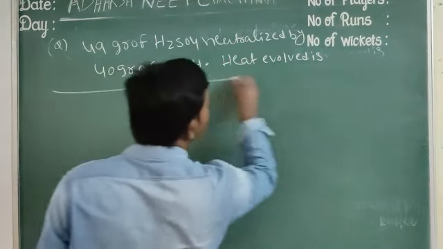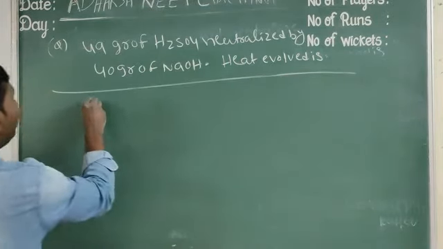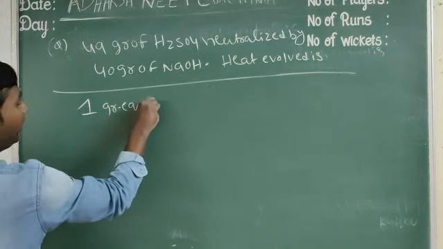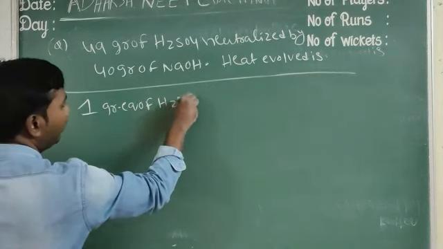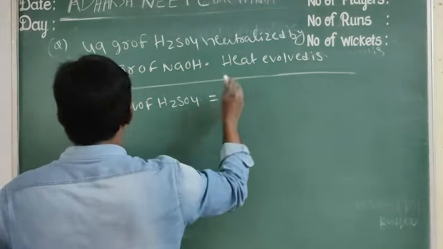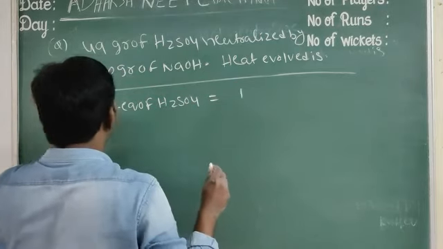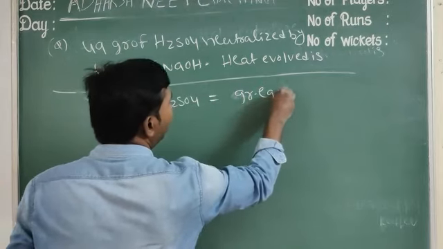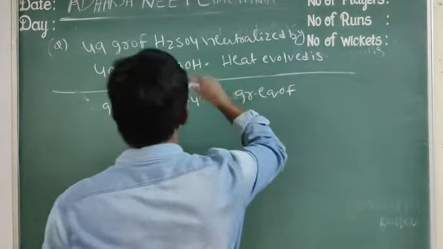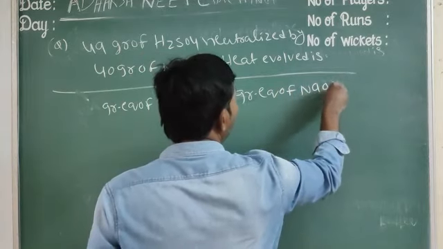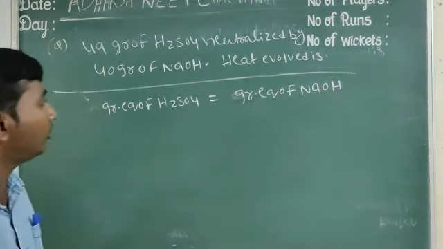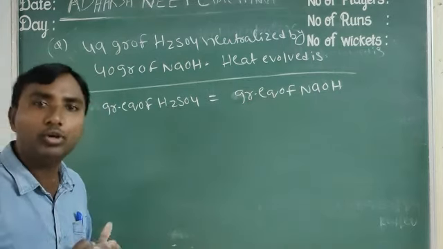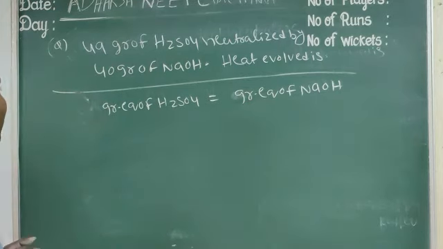Right. Here the gram equivalent of H2SO4 equals the gram equivalent of NaOH. We have to find how many gram equivalents of H2SO4 and how many gram equivalents of NaOH there are.